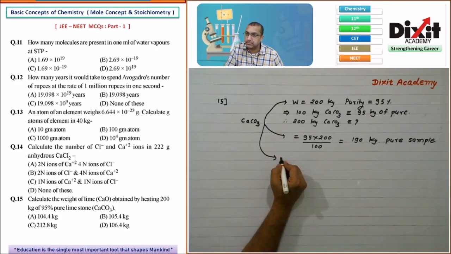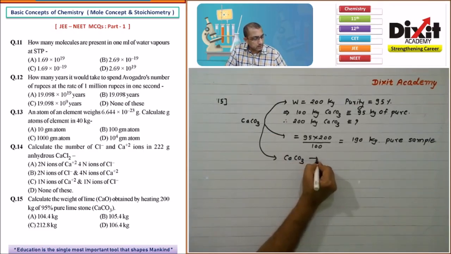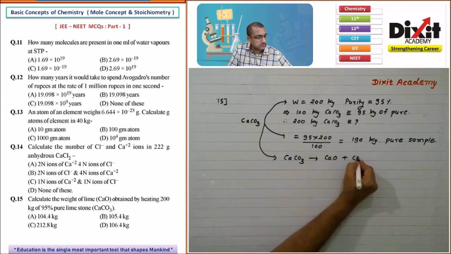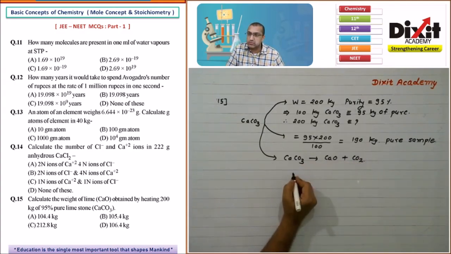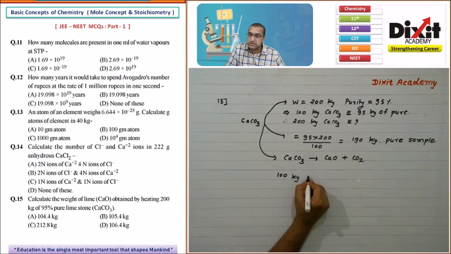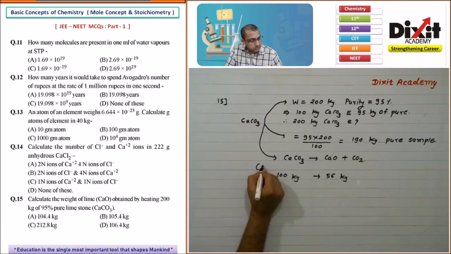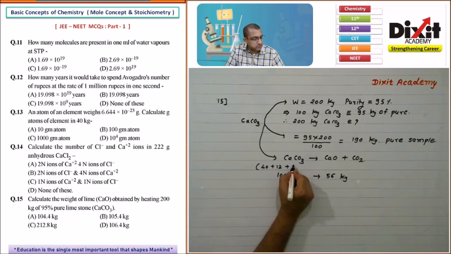So this is the information what we have drawn. Let's move ahead. Now we are going to heat calcium carbonate. So thermal decomposition of calcium carbonate, CaCO3, gives CaO plus CO2. So if we have 100 kg of calcium carbonate, then it gives 56 kg of lime. From where has this 56 come? Because calcium atomic weight is 40 gram per mole plus carbon is 12 and oxygen 3 into 16, that is 48.